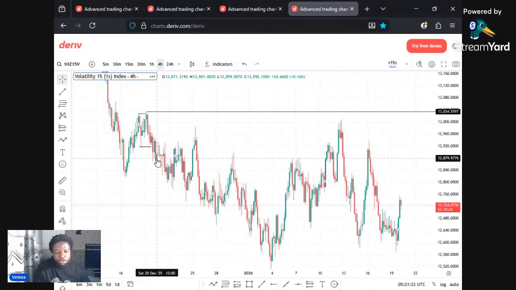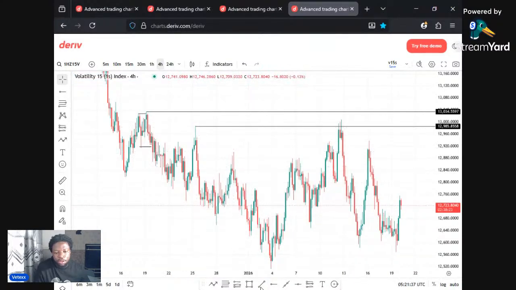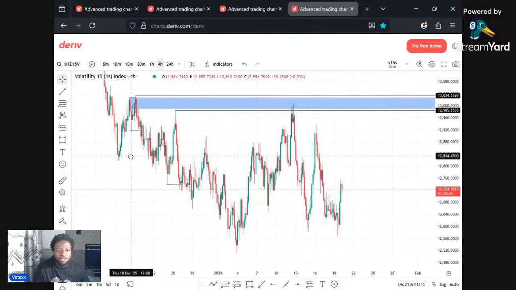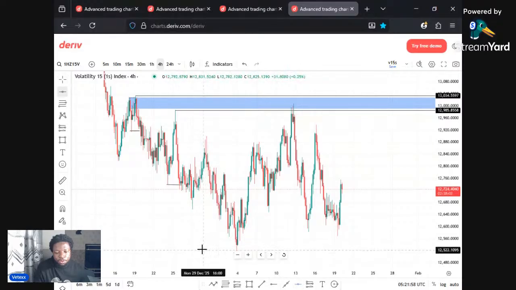After the first break of structure, we have price retrace 50% to give us our structural liquidity, which is this, and then we have our second break of structure, which is this. From there, we have our point of interest on the 4 hour. So this is the structure we are trading after, and then this is going to be our finish point.